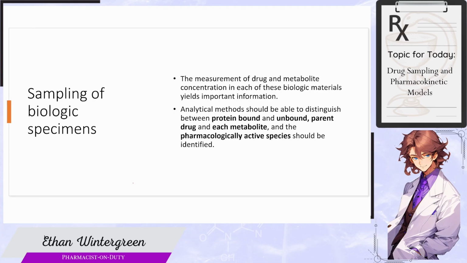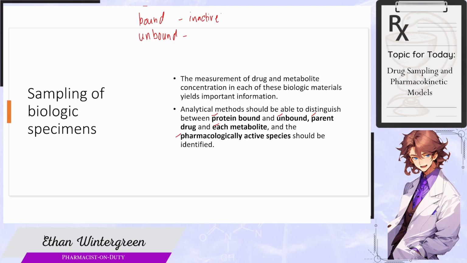So when sampling biologic specimens, it is important that our analytical method should be able to distinguish between protein-bound, unbound, parent drug, each metabolite, and pharmacologically active species. It's not ideal if the only measurement we can get from our drug analysis is the amount of drug in the sample. We need to know how much is bound and unbound, because our bound drugs in the plasma proteins, these are inactive.